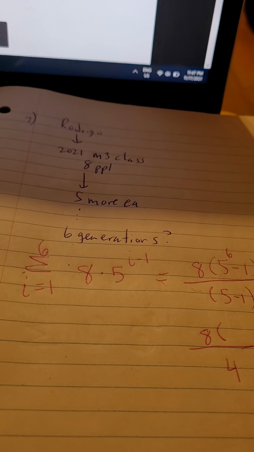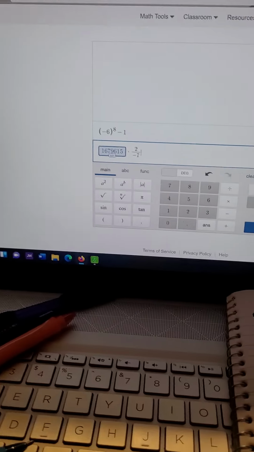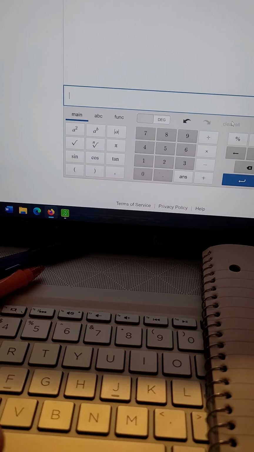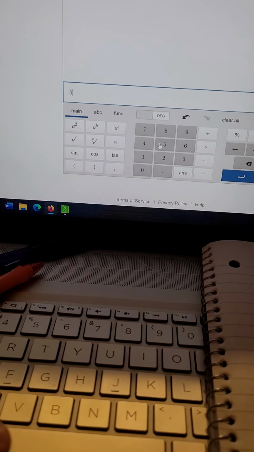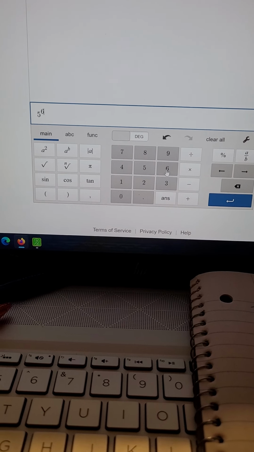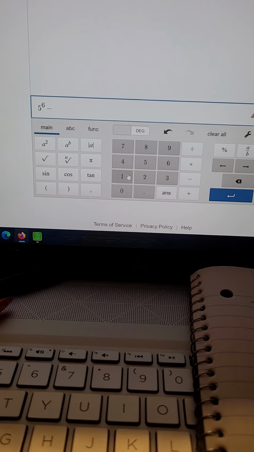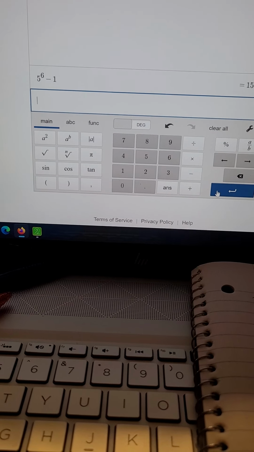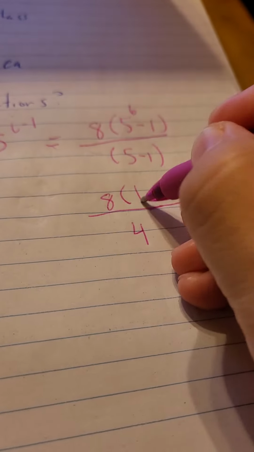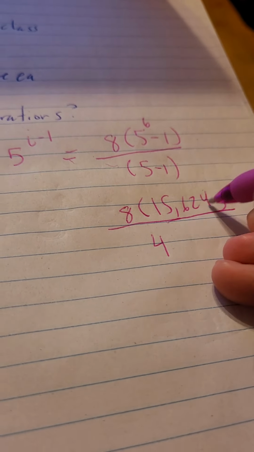Okay, let's go to the calculator. Let's hit clear. Clear all. 5 to the 6th power minus 1. Here we have to press enter, so it goes to the next line and obeys me. 15,624.